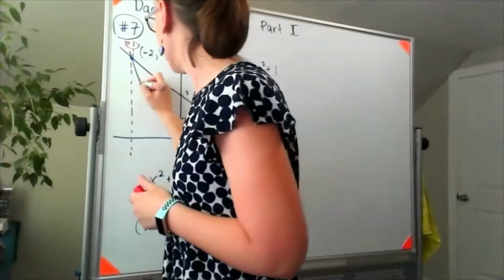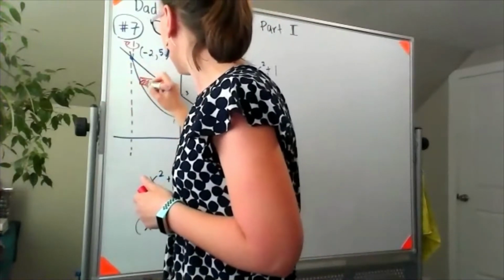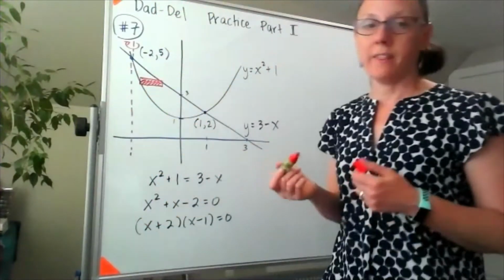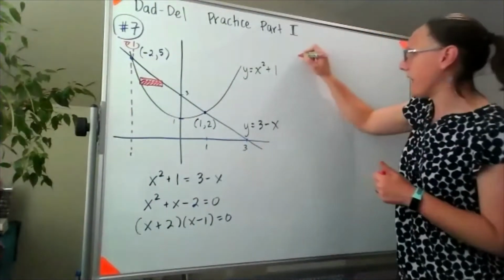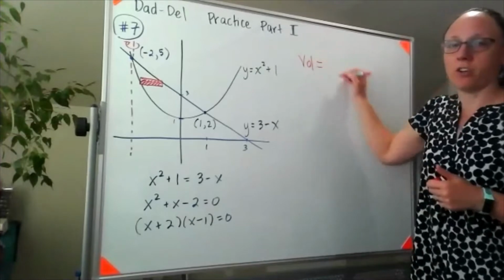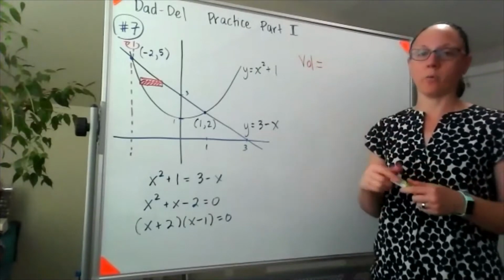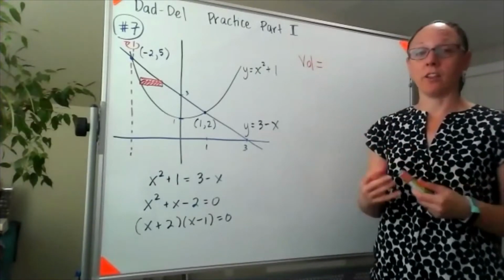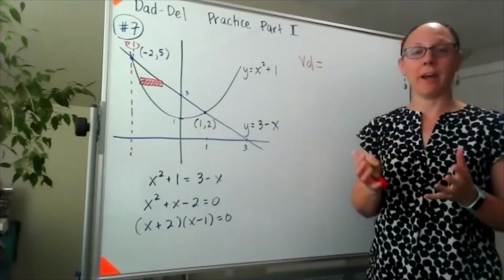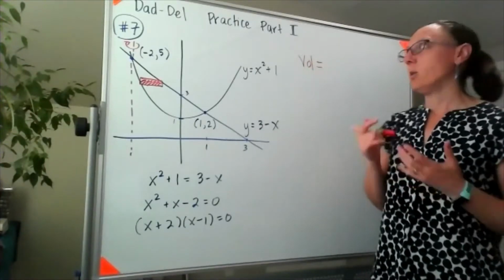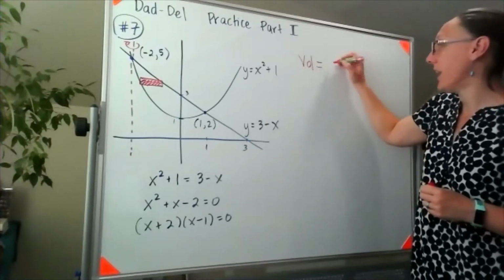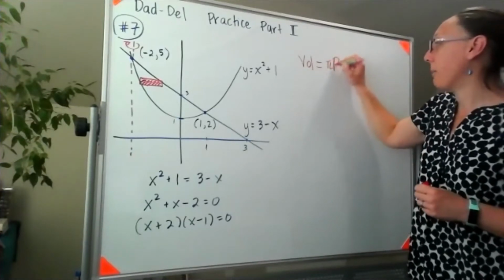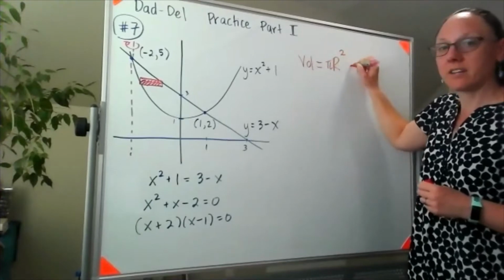So there's my arbitrary cross-section. And in terms of the volume, I know that when I spin that around, I won't get something that's solid. I'll have something that's a little bit hollowed out in the middle, which means that I'm going to have a pi big R squared times a dy.